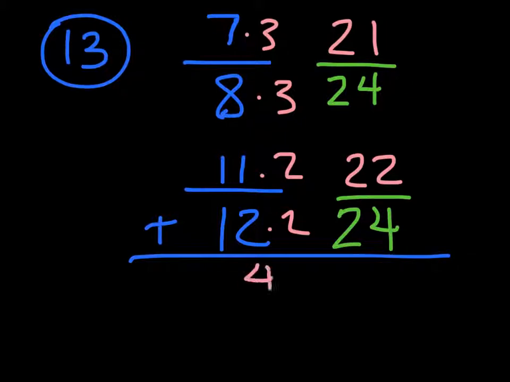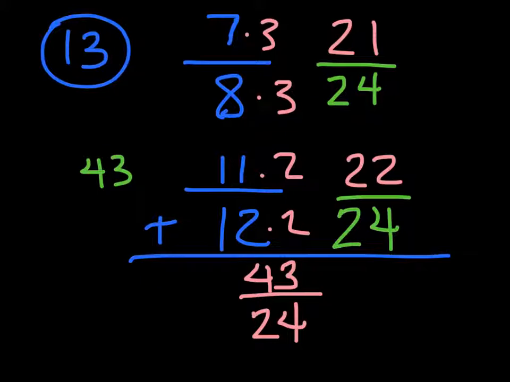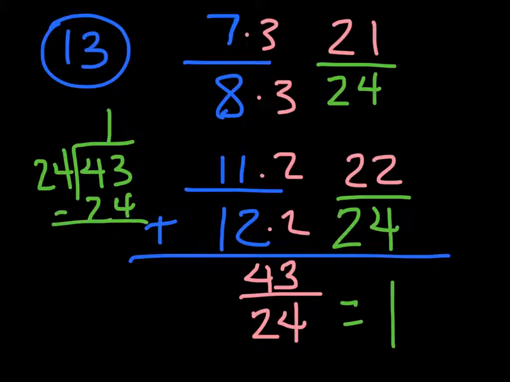Gives you 43 over 24. Let's go ahead and change that to a mixed by dividing. Should give you 1 and 19 over 24. All right, so your final answer is 1 and 19 over 24.